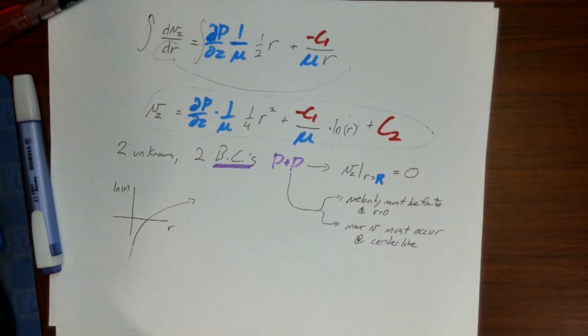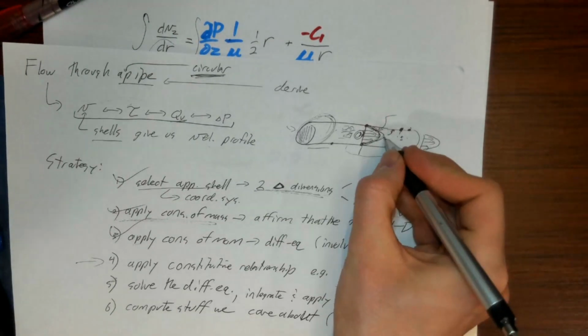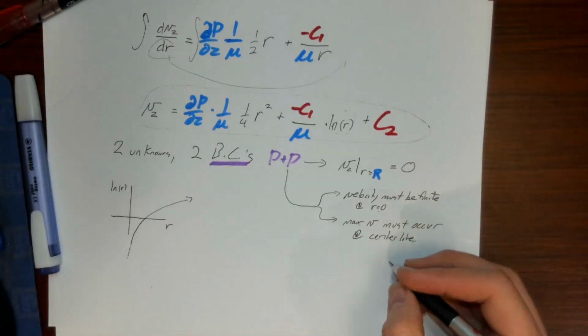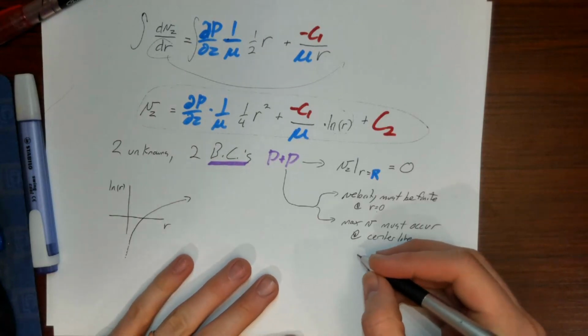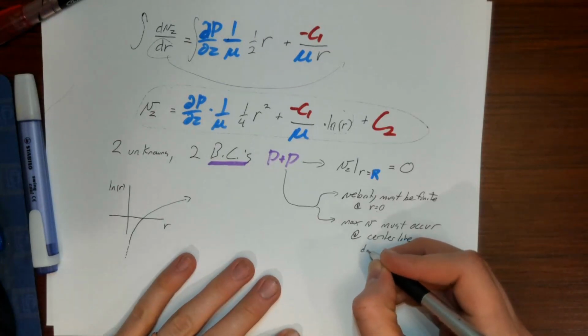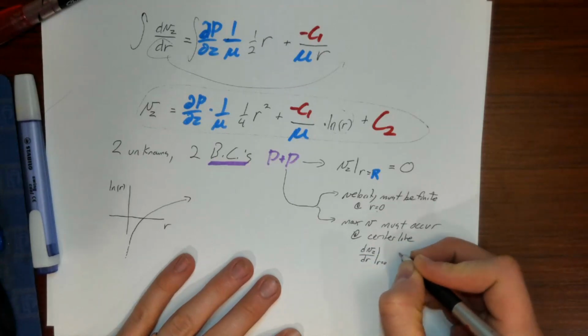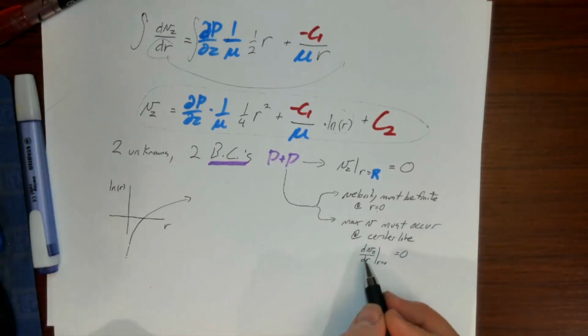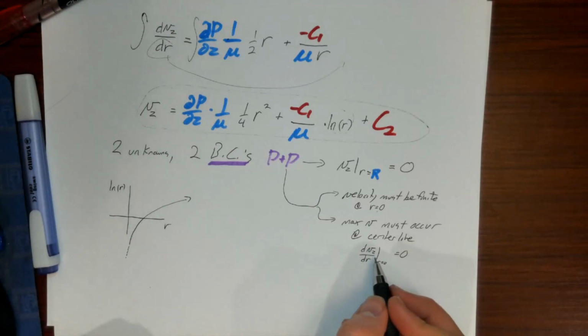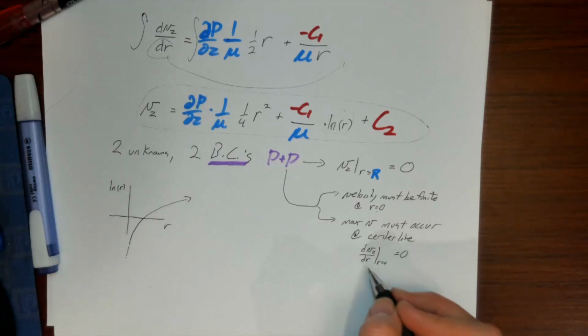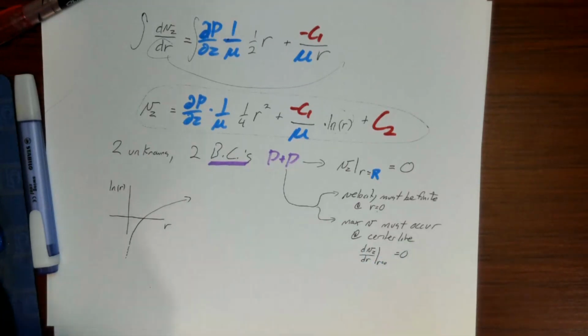If we have this pipe flow, the max velocity occurs at the center line, and this is basically equivalent to saying dvz/dr evaluated at r equals 0 must be equal to 0. So not that velocity needs to be 0 at the center line, but that the derivative of velocity must be 0 at the center line, and that's basically saying that there's a local max in velocity right at the center line. So that could help us as well.